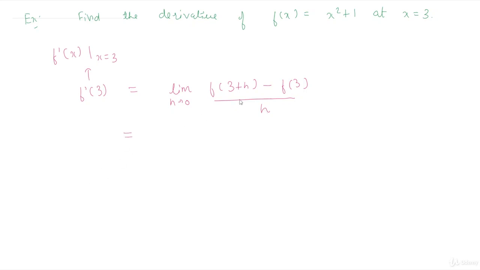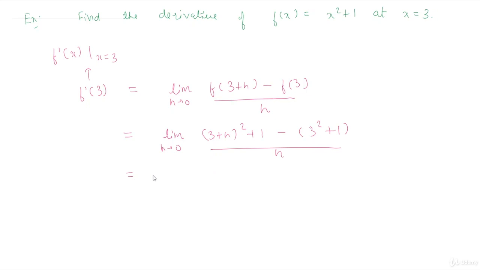How will we compute f of 3 plus h? We can compute it by directly plugging 3 plus h into this function. So that will be the limit h approaches 0 of 3 plus h whole squared plus 1 minus f of 3, that is 3 squared plus 1, and this h will remain the same.